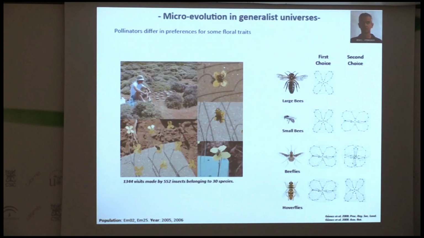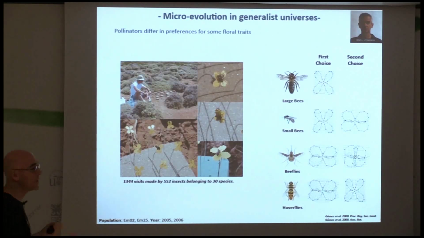But also, something that happens in almost every single generalist system is that pollinators differ in preferences for some floral traits. I did this work with my colleague from Barcelona, Jordi Bosch, and what we found is that by offering the plant different models of different shapes, for example like here, we obtained differential visitation rates of different groups to different shapes. This is the first choice of this type of pollinator, this is the first choice and the second choice of this type of pollinator, and these two pollinators are choosing first this and then this.